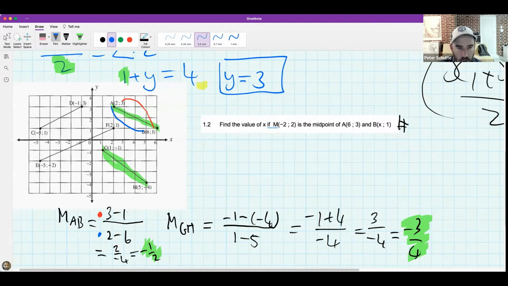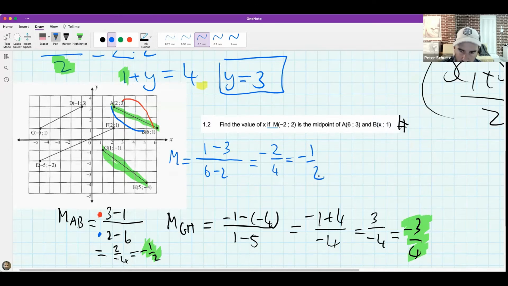So I just made an arbitrary choice. But if I'd started the other way around, that wouldn't have been a problem. It would have just been 1 minus 3 and 6 minus 2, which gives me minus 2 over 4, which gives me the same answer. So as long as I'm consistent, it's not a problem. Okay, thank you, sir. Pleasure.